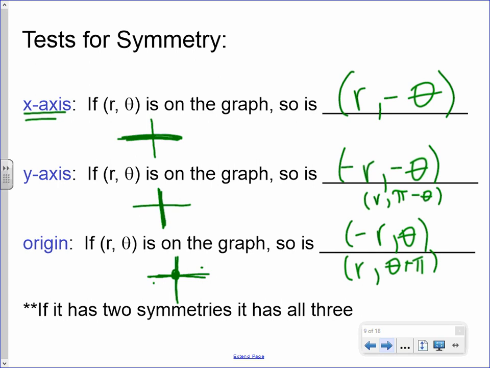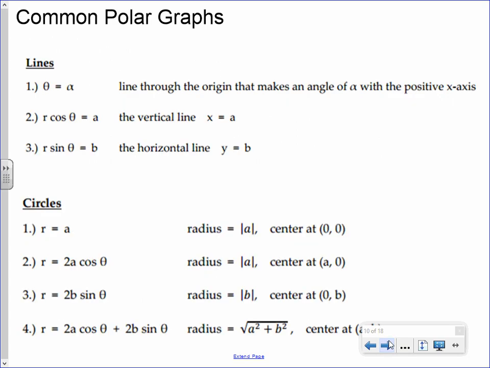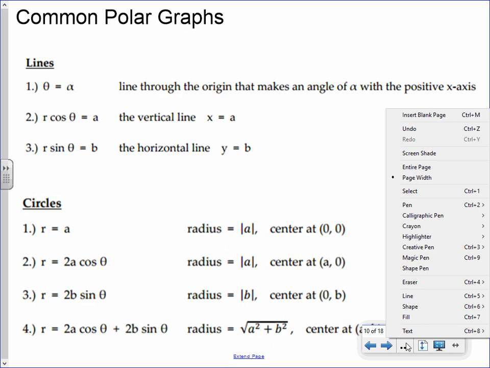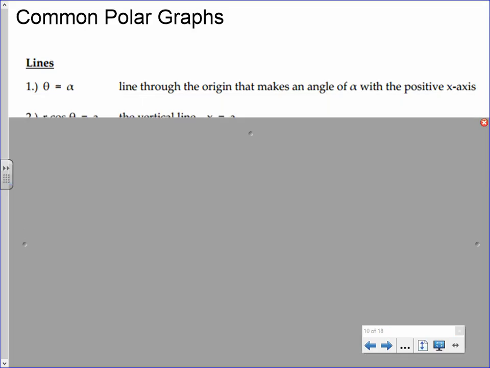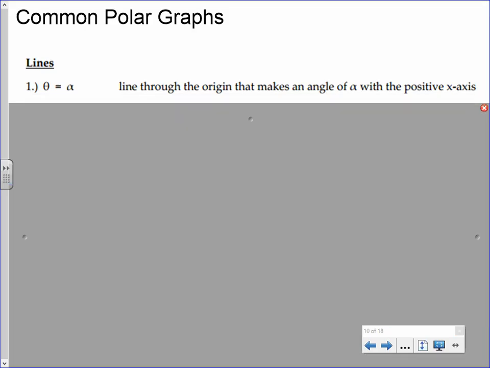Okay, so let's talk about a couple special graphs. I think we'll just talk about lines and circles, and then we'll save limaçons and rose curves for Monday. So first of all, if you have theta equals a number, like theta equals pi over 3, that is a line through the pole.